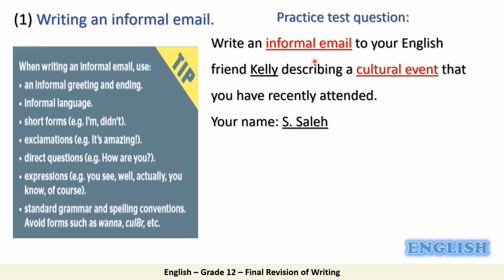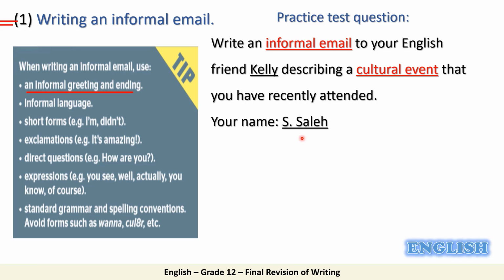So you're going to write an informal email and your friend is Kelly, so you're going to say, dear Kelly. Then you are going to describe a cultural event. This is the content of your writing. Describe a cultural event, nothing else. And when you sign off, you write your name, which is S. Saleh. Don't use any other name. Okay?